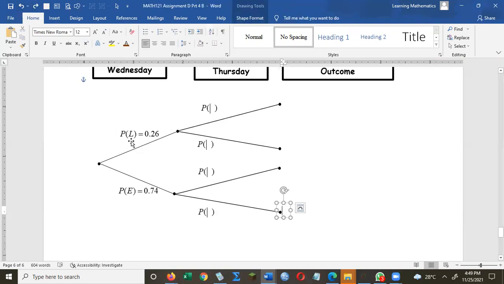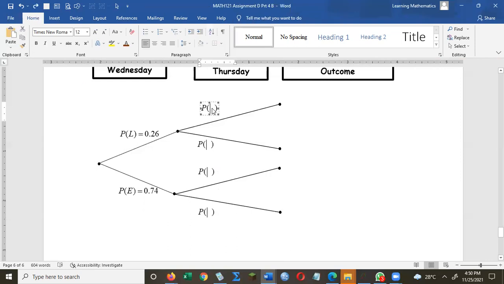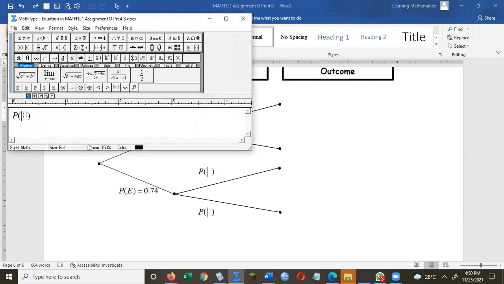So the late on a Wednesday is here. So these are the two branches for if late on a Wednesday. I can type if late on a Wednesday here, and I can type it here. So that's how you type if late on a Wednesday in symbolic form.